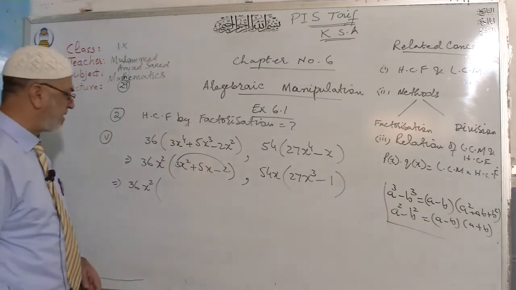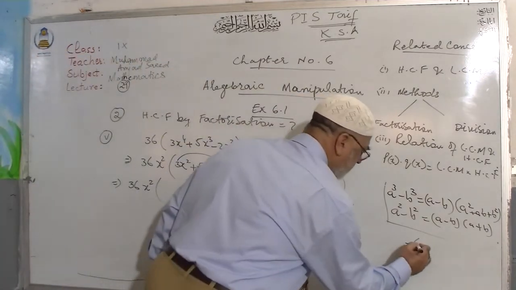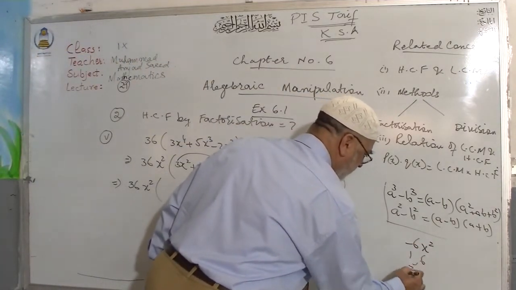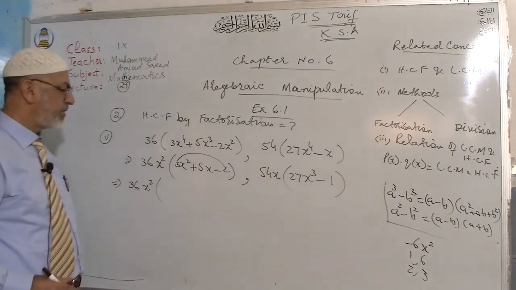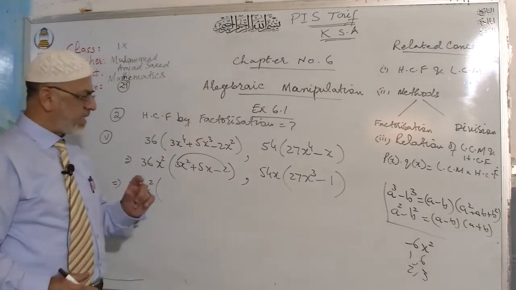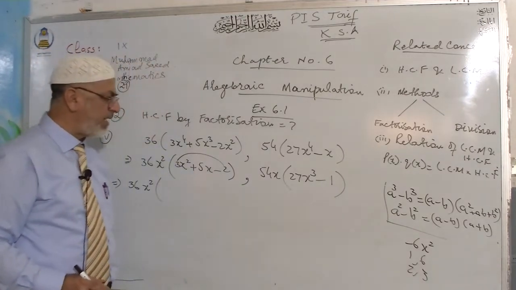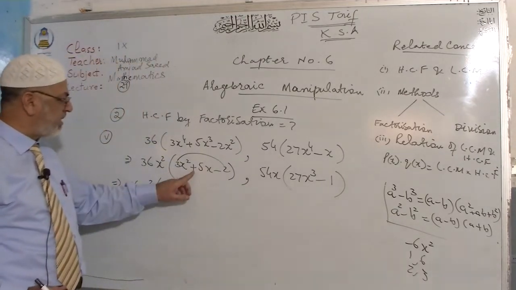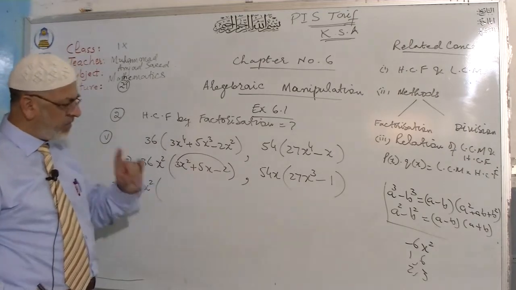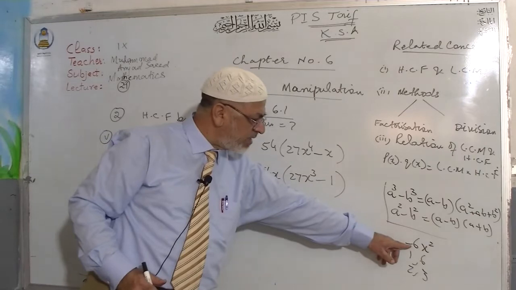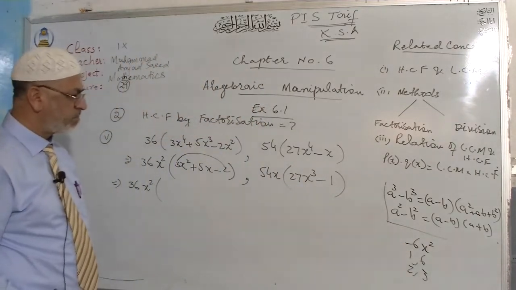Now make the pairs. Minus 6x squared, we have 1 and 6, 2 and 3. Dear students, you can check. The rule is the pair after adding or subtracting must make plus 5, and after multiplying, it must make minus 6.